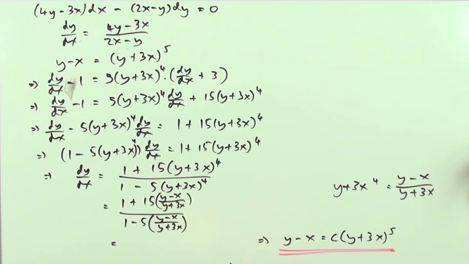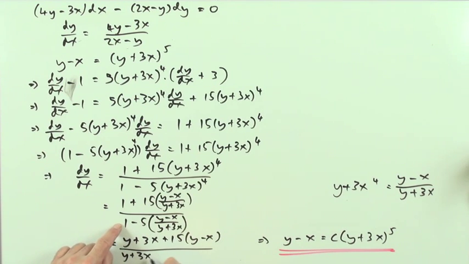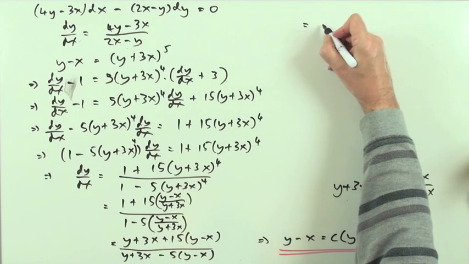We don't have enough room to finish it off. Multiply everything by y plus 3x to resolve it into a proper rational function. So I've got y plus 3x plus 15 times y minus x over y plus 3x minus 5 times y minus x. And then tidying that part up, unfortunately there's not really enough room, so I'll have got up to here.